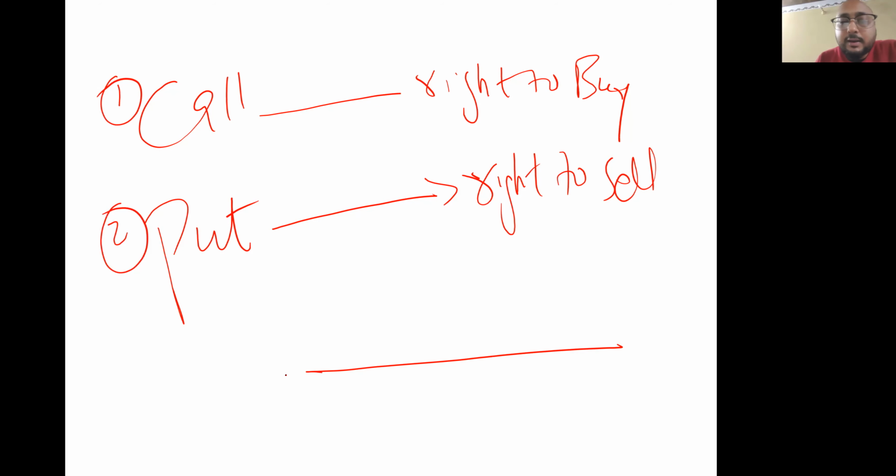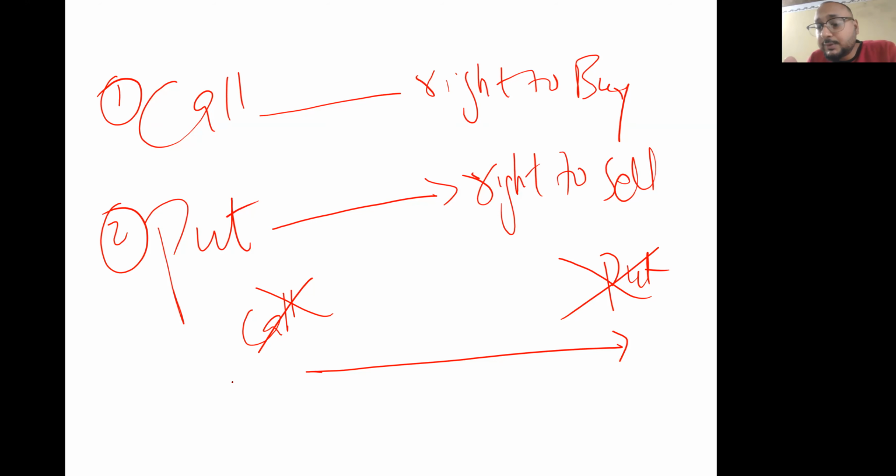That doesn't mean that if you have a right to buy, the other end is going to be a put. No. These are two different strategies for derivatives. So if you have a call, here would be the purchaser of the call and here would be the seller of the call. And if it's a put, here would be the buyer of the put, and here would be the seller of the put. All right.